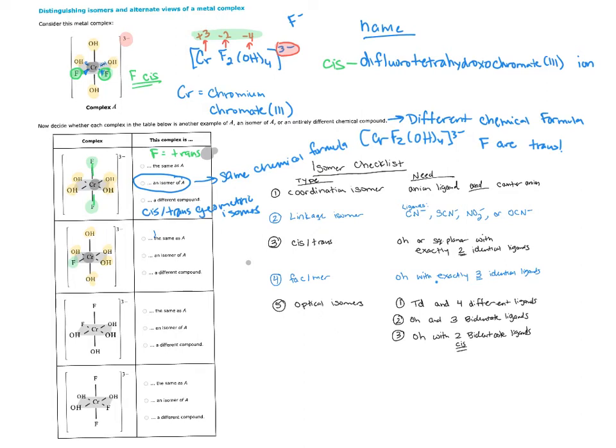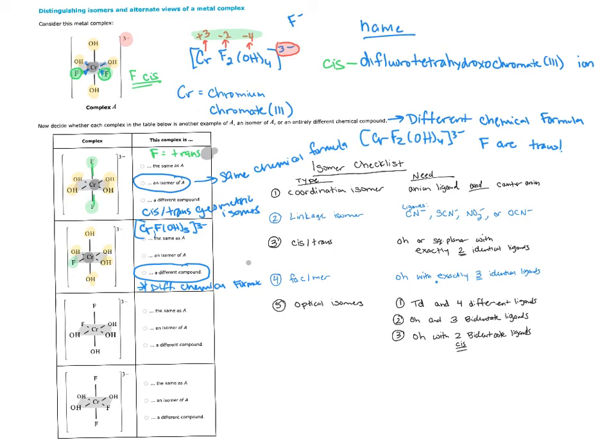Therefore, we have a different compound, because we have a different chemical formula compared to A. This chemical formula would be CrFOH5, 3 minus. So again, different chemical formula, it's a different compound.